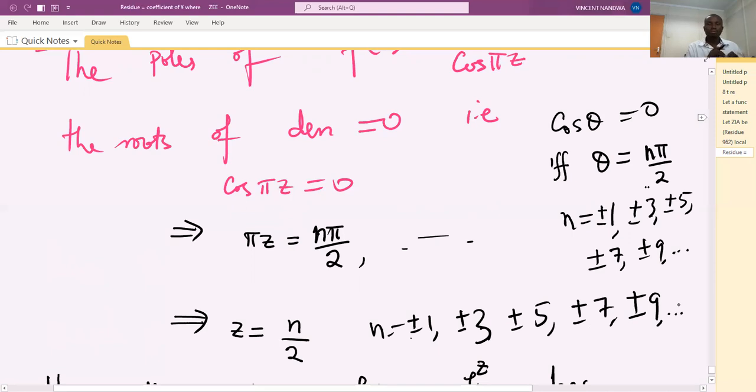So they're not all the integers, but only the odd integers.